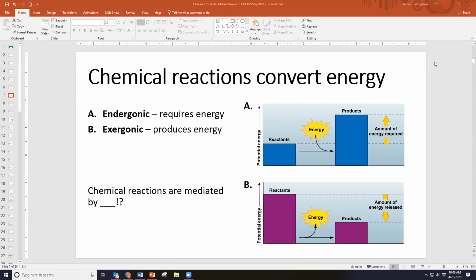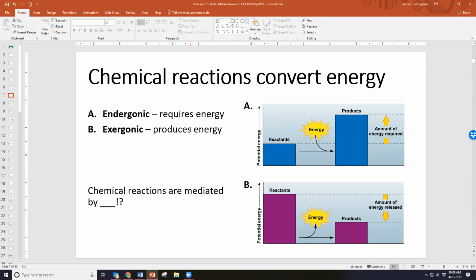We already talked about classifying metabolic reactions as catabolic or anabolic. We can also classify them based on what they're doing with energy, very similar to classifying them as catabolic or anabolic. We can classify them as either endergonic or exergonic.